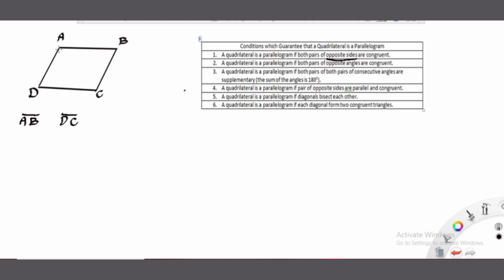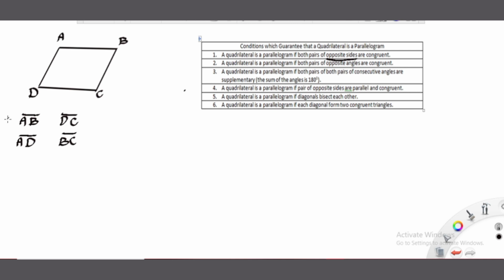And when we talk about side AD, opposite to it is side BC or CB. If you notice, AB and DC have no common endpoint. Same with AD and BC. So these are pairs of opposite sides.